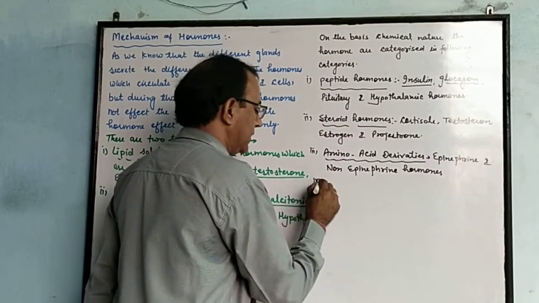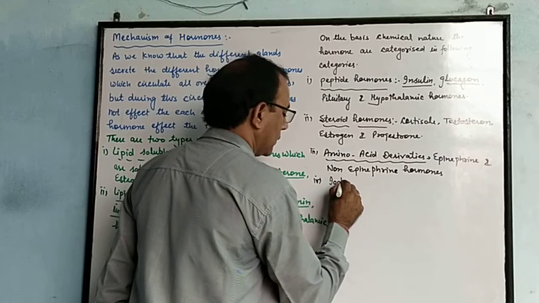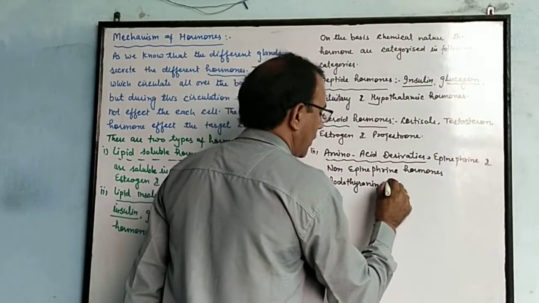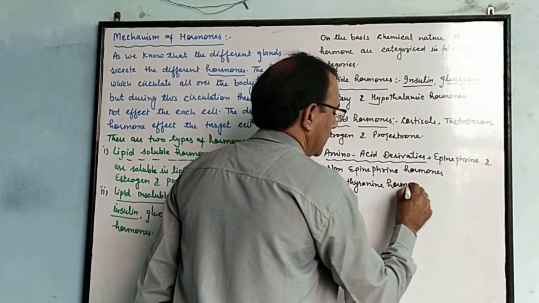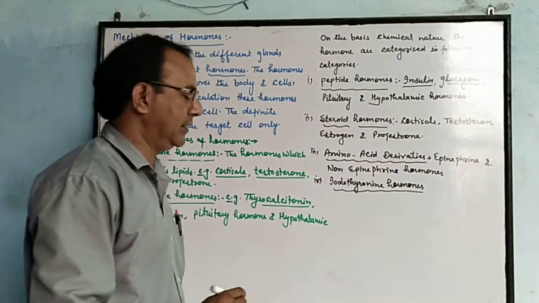And the fourth one is iodothyronine hormones. These are the thyroid hormones T4 and T3.